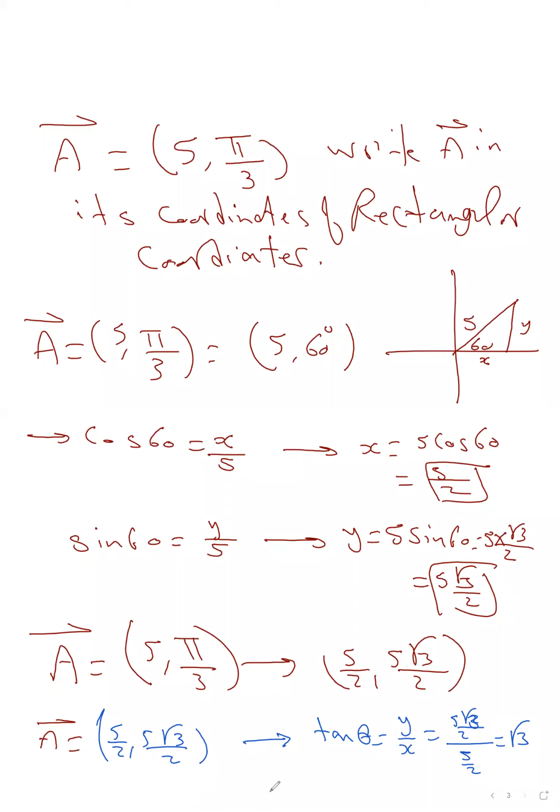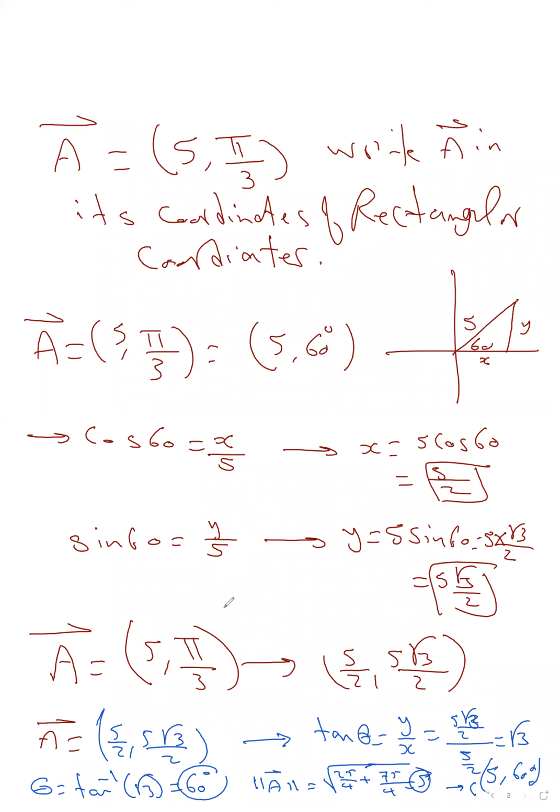Its length, norm A, is the square root of 25 over 4 plus 75 over 4, which is 100 over 4, so 25, which gives 5. So the angle is 60 and the length is 5. I'll give you another example.